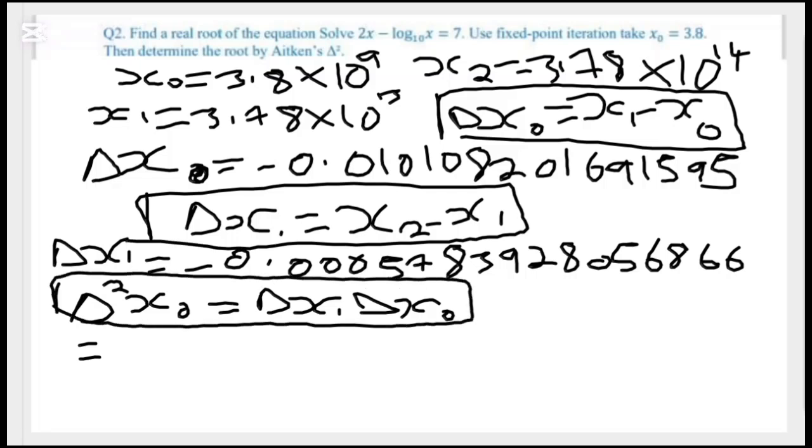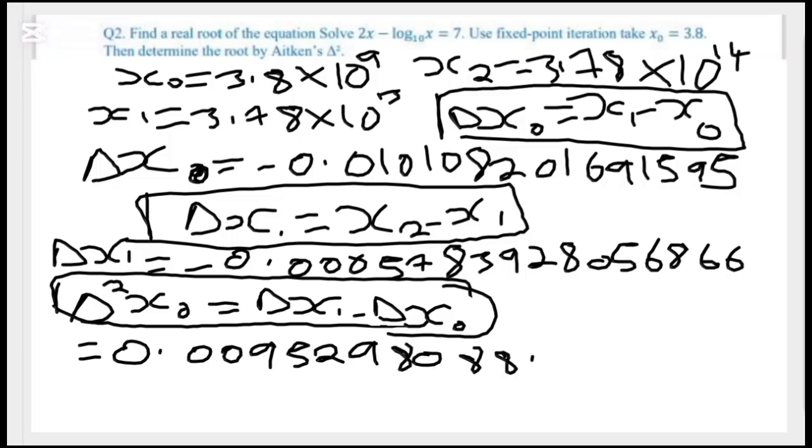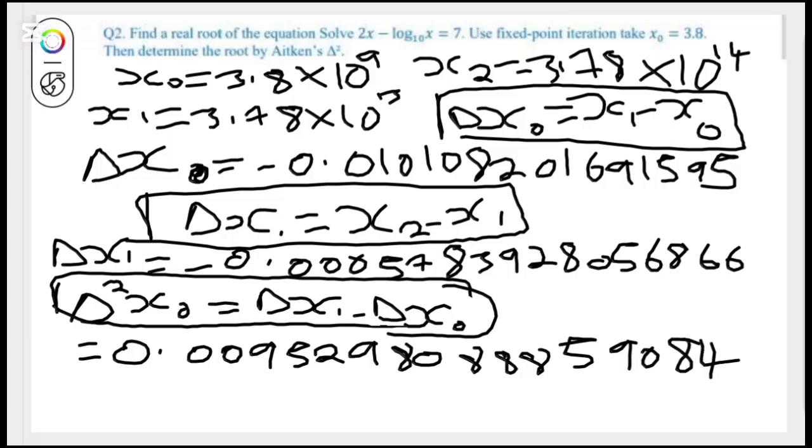So the answer dx1 is minus. So my delta square x0 is the same thing as 0.00952980888590884. I hope you get it.